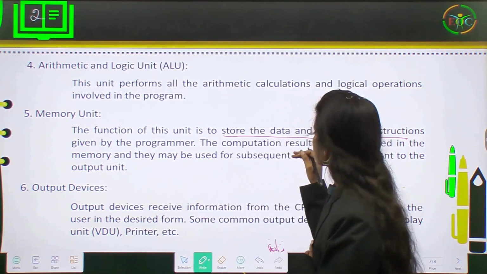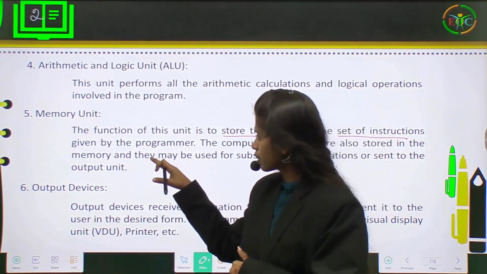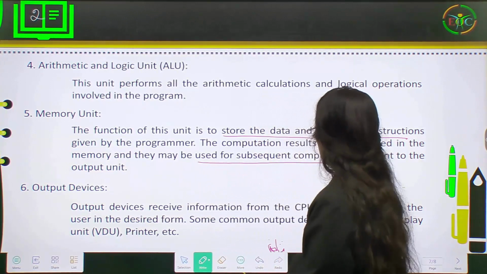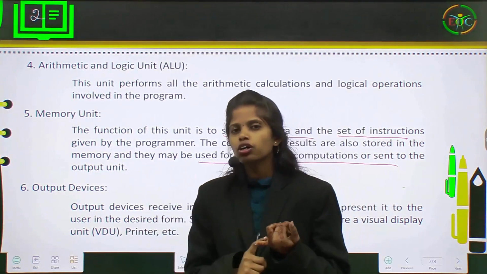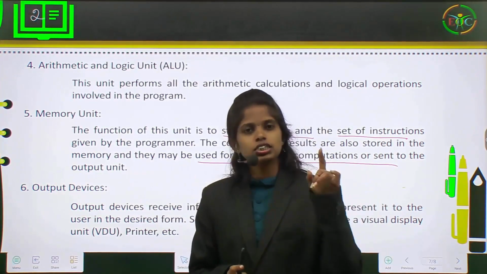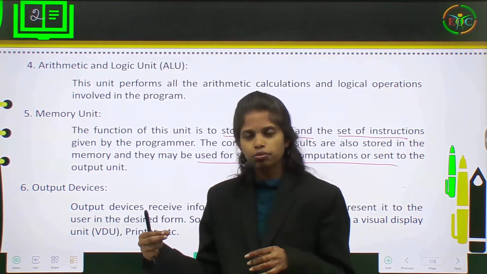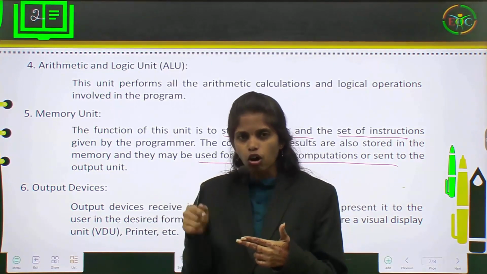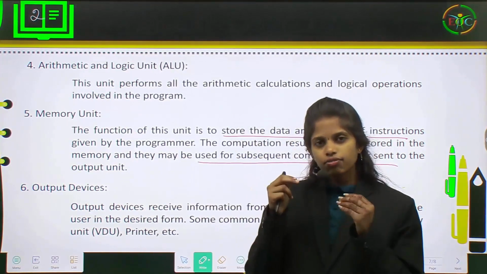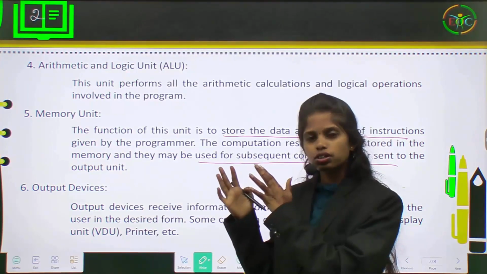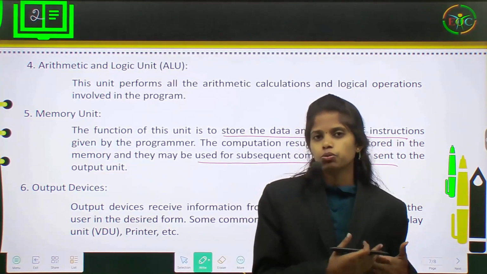The computation results are also stored in the memory and may be used for subsequent computations or sent to the output unit. Before processing, the instructions are put in the memory. For processing, they are taken from the main memory. After processing, they are put back in the memory again, and from there you can either give them to the output devices or keep them there for the next cycle or next processing.